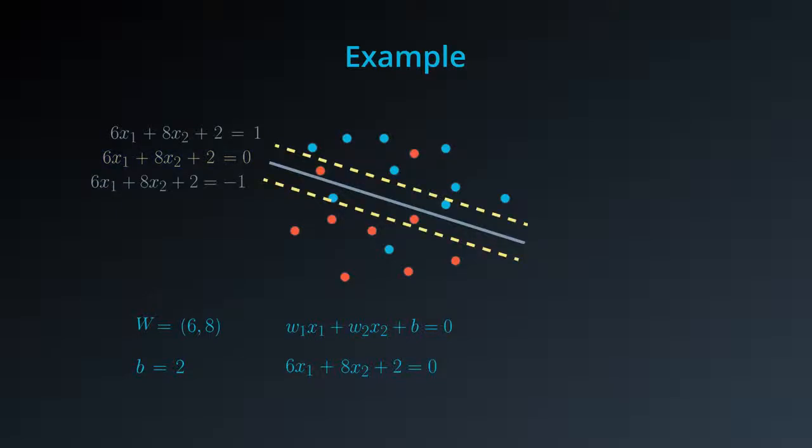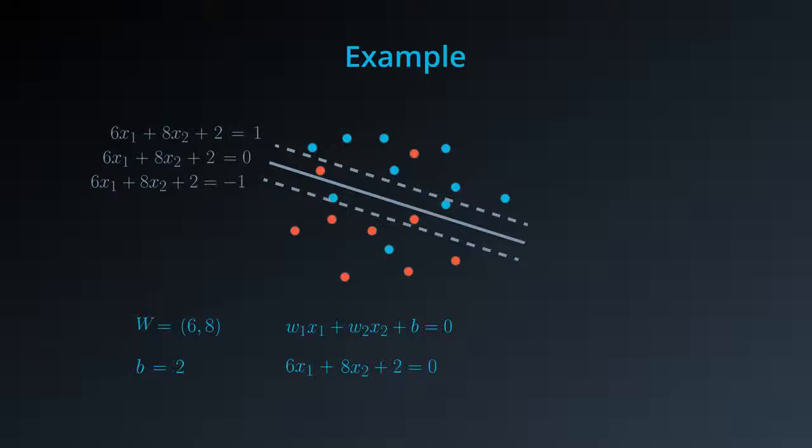But now our dotted lines are closer to each other because now the values change. Before we had 3x1 plus 4x2 plus 1 equals 1. And now we have that twice of that equals 1, which means 3x1 plus 4x2 plus 1 is actually a half, which means the line is much closer. It's actually half the distance as before. And the same thing happens with the line below.